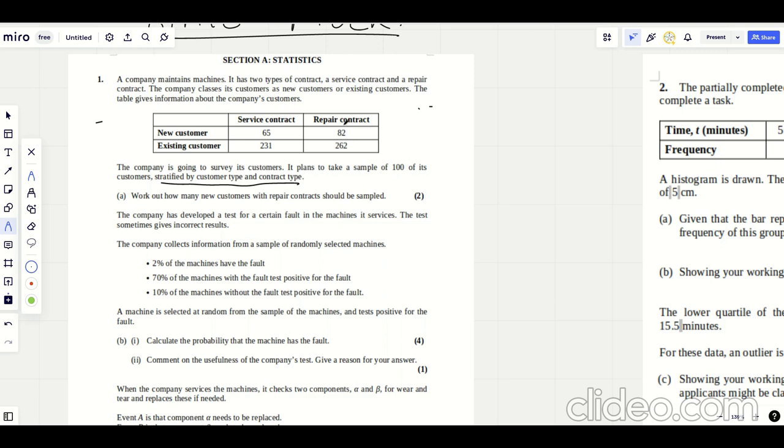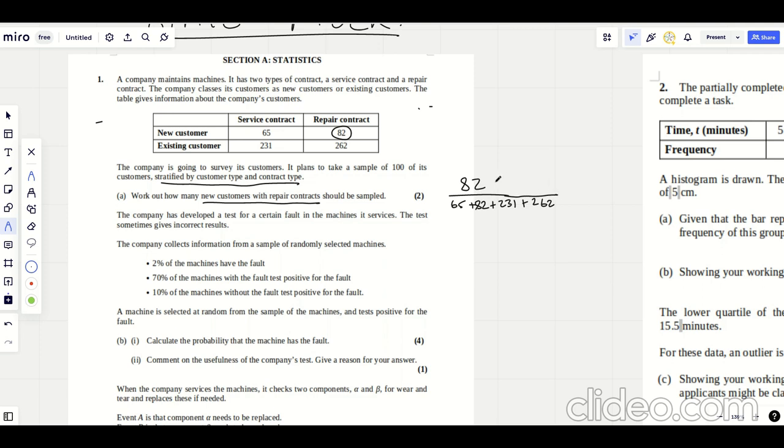First thing we're going to have to do, I guess, is add up all of those. Now, they often tell you what these add up to, but by the look of it, they're not telling you what they add up to. Now, we want to work out how many new customers with repair contracts, well, that's these 82, should be sampled. So that's 82 out of, we need to add all these up, 65 plus 82 plus 231 plus 262.